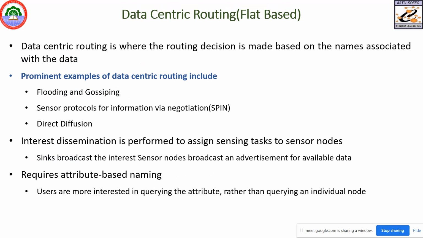So in the data centric protocol or the flat based protocol, what do we have? Usually when we talk about sensor networks, we need to discuss the sensing of data, the sending of data, or the handling of data.